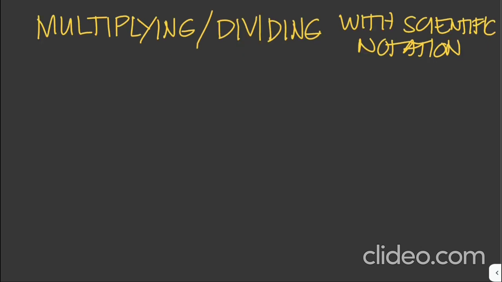All right, so how about when we multiply and divide numbers with scientific notation? In multiplying numbers with scientific notation, the powers of 10 are added in multiplication, while the powers of 10 are subtracted in division.